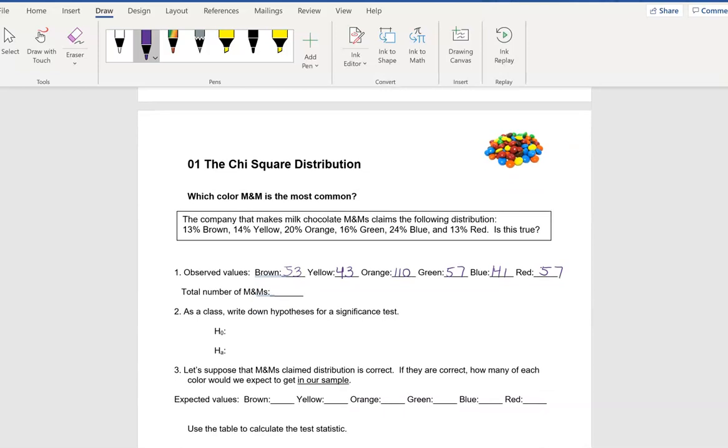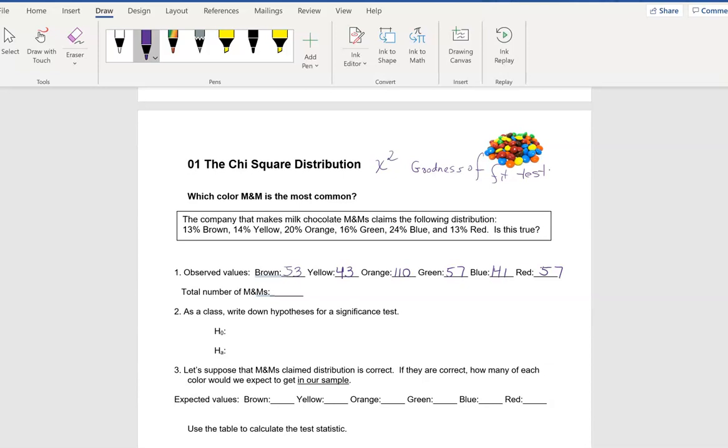So for the chi-square distribution, the one we're doing today is called the chi-squared. Instead of writing it chi-squared, we write it this way. And it's called the chi-squared goodness of fit test. We use it when we're comparing an observed distribution to what is either known or what is given.